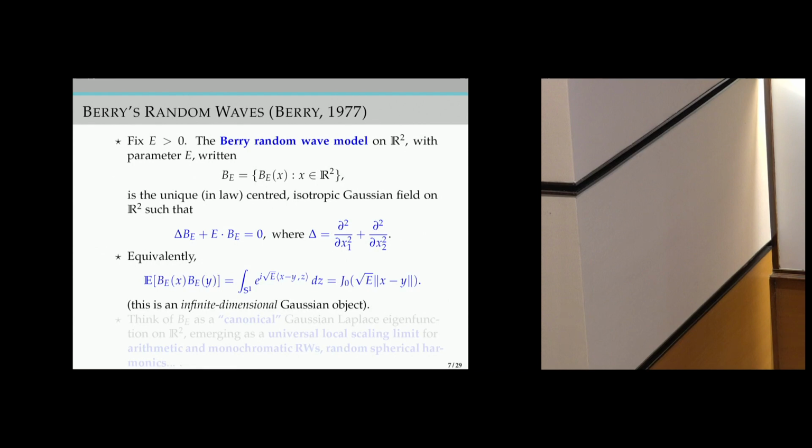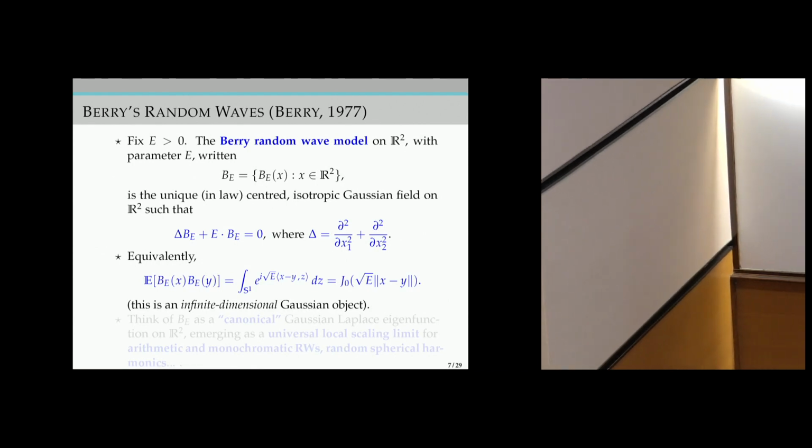The covariance between B(x) and B(y) is the integral, with respect to the uniform measure on the unit circle, of the exponential of i times the square root of E times (x minus y) dot z. By rotational invariance of the uniform measure on the circle, this quantity only depends on the Euclidean distance between x and y. It can be expressed as J0, the Bessel function of the first kind of order 0, computed at the point square root of E times the norm of x minus y. This representation confirms that the process is isotropic, because everything depends only on the distance between x and y, and any rigid motion of the plane would not modify the distribution of this process.